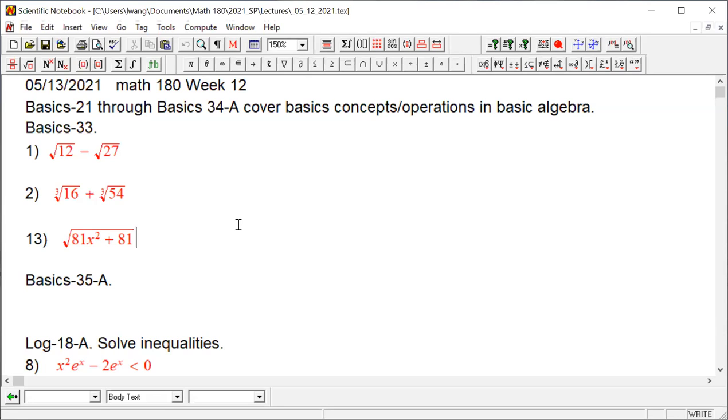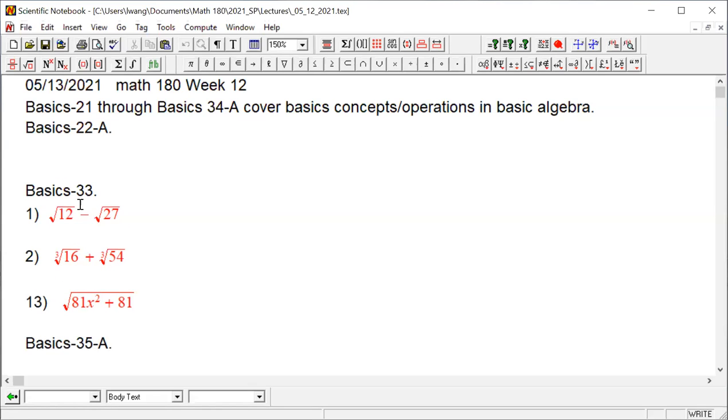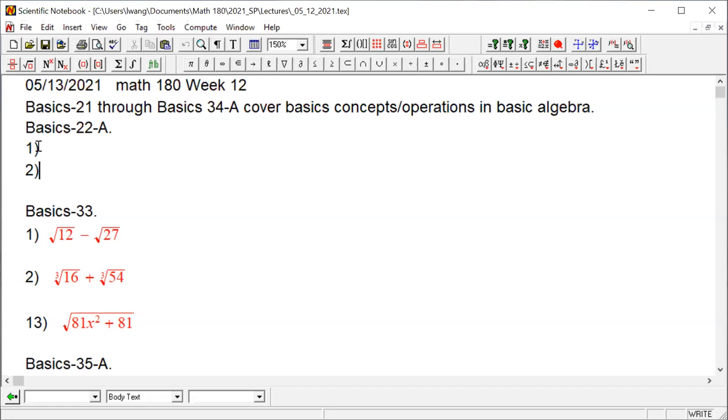And some other exercises here. I'm just going to pick some because today is support class, right? Today is support class. All right, so I'm going to pick one from 22A, number 1 and number 2.